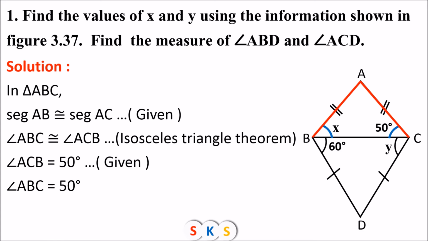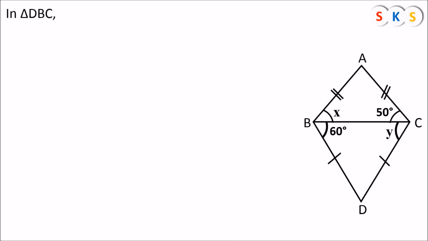In triangle DBC, seg DB is congruent to seg DC, it's given. Look at this figure. You can see triangle DBC here. Seg BD and seg DC are congruent, right? You can see the identical marks on those two sides, which means these two sides are congruent.